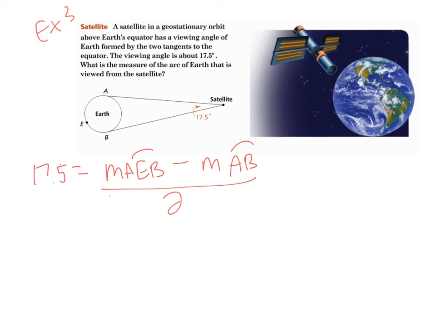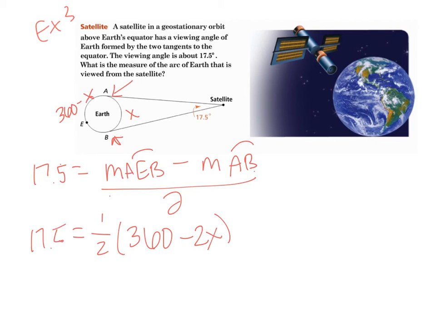In this case, we don't know anything about either one of the arcs, so we can call this one x and this one 360 minus x, and that can only be done because the two lines are tangent to the circle. So basically, in this case, the measure of arc AEB is 360 minus x, and then we're subtracting x again, so this becomes 360 minus 2x. And that's equal to 17.5.